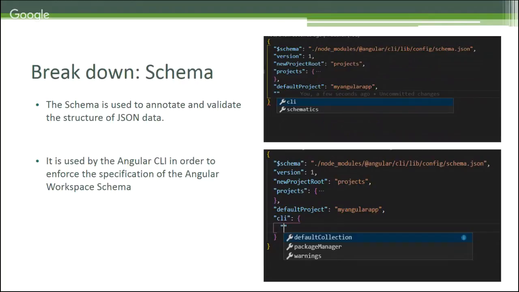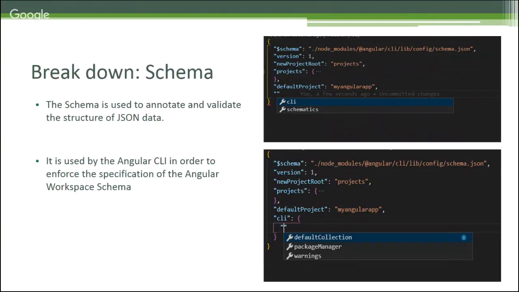These are the options that are left for this part. So you have CLI when you have schematic running. And then when I click on schematic, it tells me that it's an object. Then the object is expecting package manager, default collection, warnings. Then when you click on package manager, it's still going to give you other options, just to allow you set the right option. That's what the schematic is used for.